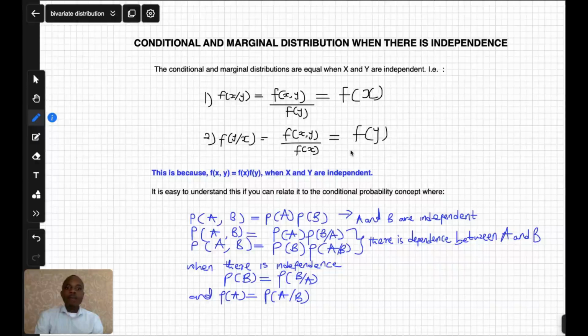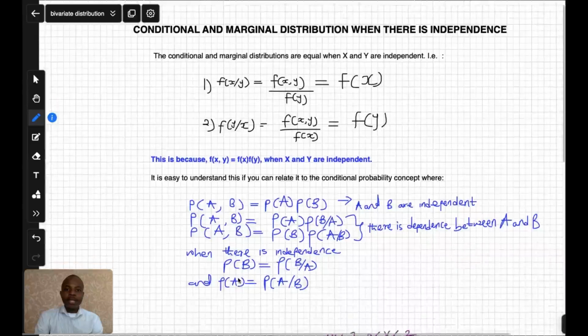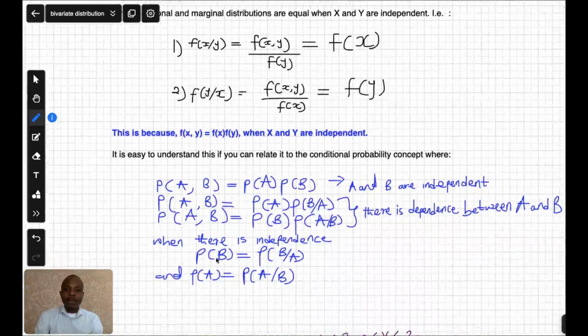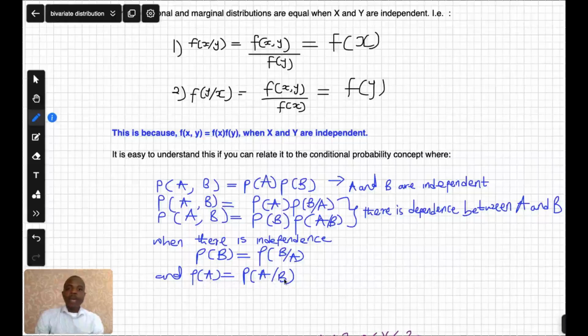Now, if you remember from your concept of probability, when there is independence, we said that the probability of B will be equal to the probability of B given A, and the probability of A will be equal to the probability of A given B. And when that is the case, it means that the probability of A, comma B, the probability of A intersection B, will be the probability of A multiplied by the probability of B. All right.